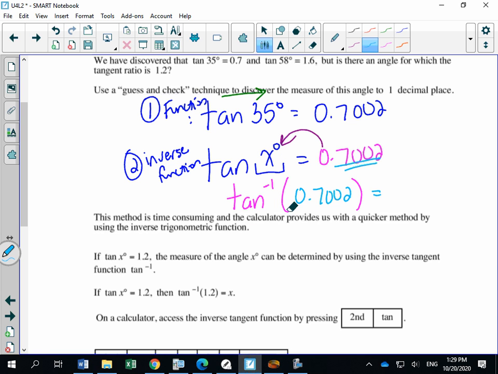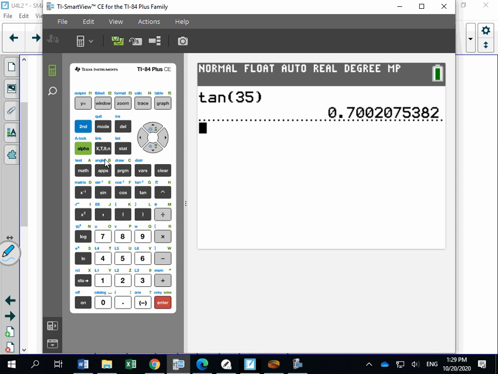So how we type this in our calculator is as follows. Because I'm finding an angle, I'm going backwards. I'm doing an inverse function. So on my calculator, I'm going to hit the second function button, and then I'm going to hit tan. The -1 will appear. Then in the bracket, you write what the ratio is. So our ratio, we rounded, so 0.7002. You close that bracket and you hit enter. What will spit out is the angle. This is the angle. Yes, Piper.